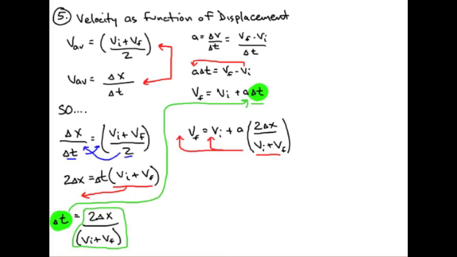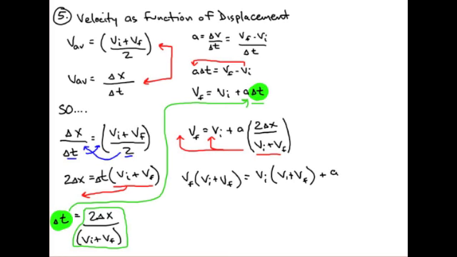So let's bring our Vi plus Vf up so that we have V final times Vi plus Vf equals V initial times Vi plus Vf, all that plus 2a times delta x.